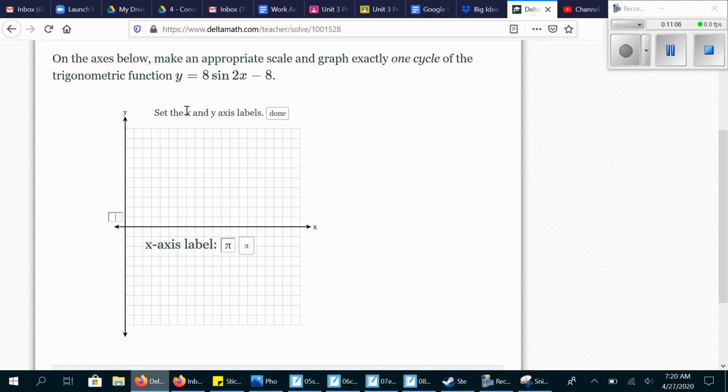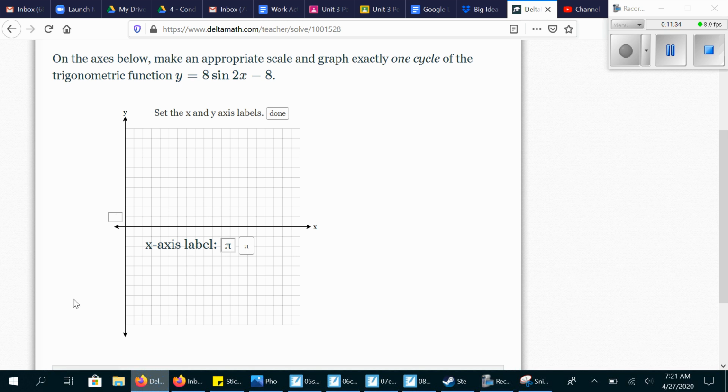And then y-axis, this graph is going pretty high, or not high, but like spread out. We've got a midline at -8, and then we've got an amplitude of 8, which means that our maximum is going to be 8 up from -8, which is 0, and then our minimum is going to be -8 minus 8, all the way down at -16.